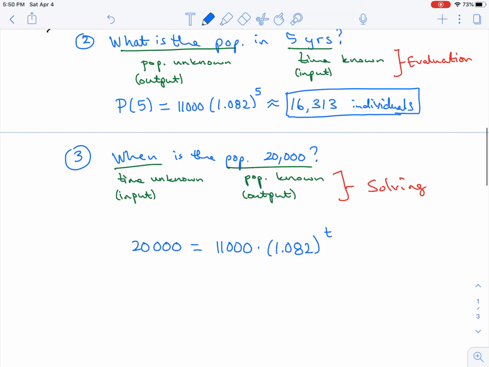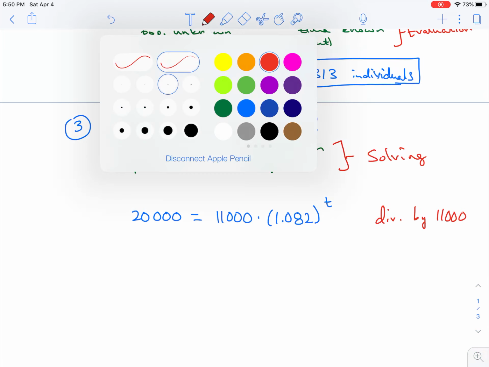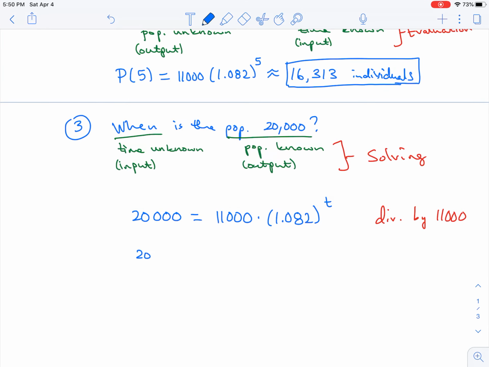And this is the same as solving an exponential equation. So solving an exponential equation means we need to isolate the exponential and then use logarithms. So we will begin by dividing by the 11,000. This will isolate the exponential. So we have 20,000 divided by 11,000 is equal to 1.082 to the t.